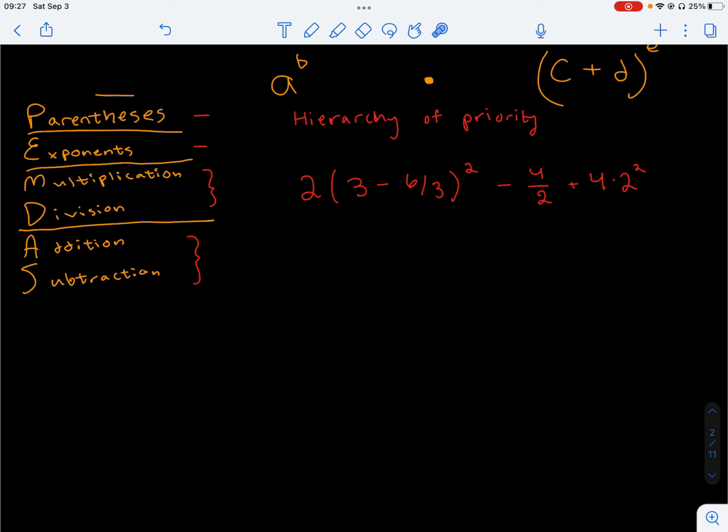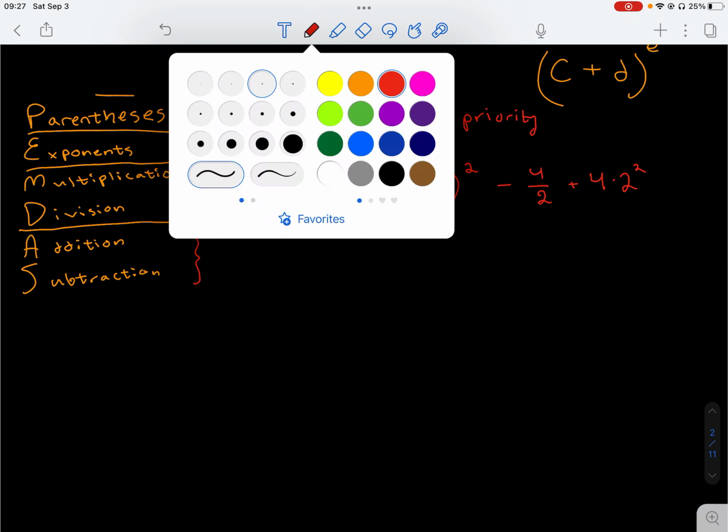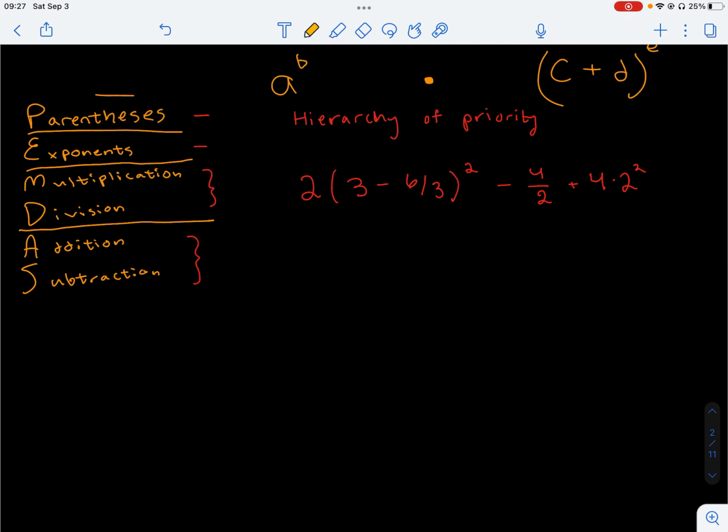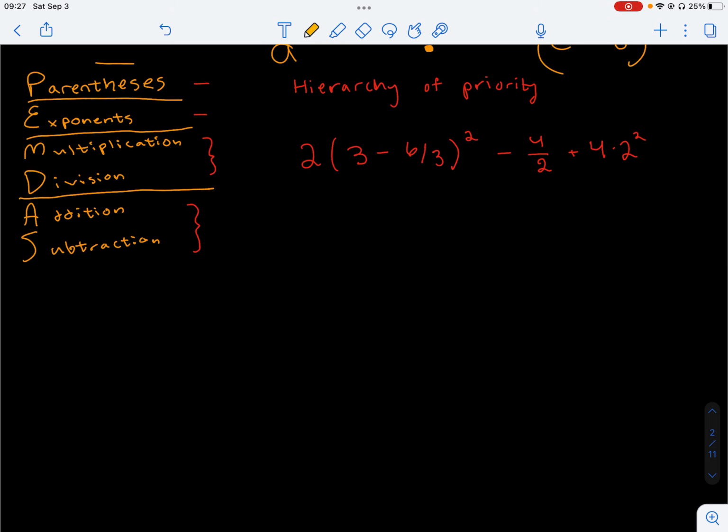PEMDAS is going to tell me, in terms of a priority hierarchy, what I need to do first and what I need to do last when simplifying this expression. And in terms of priority, I mean with regards to the operations at hand.